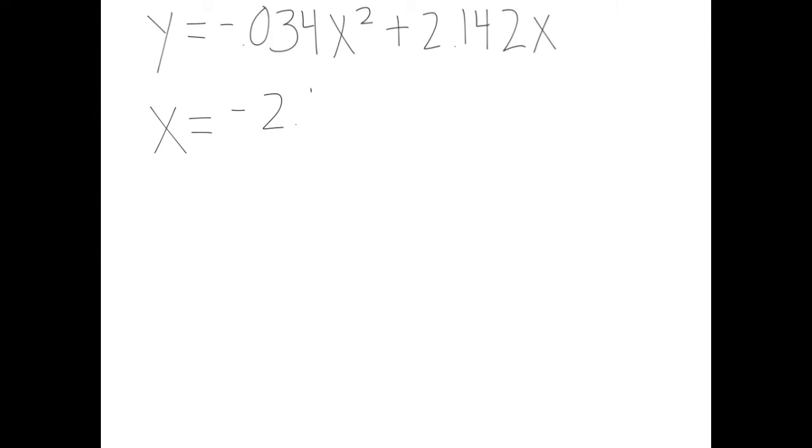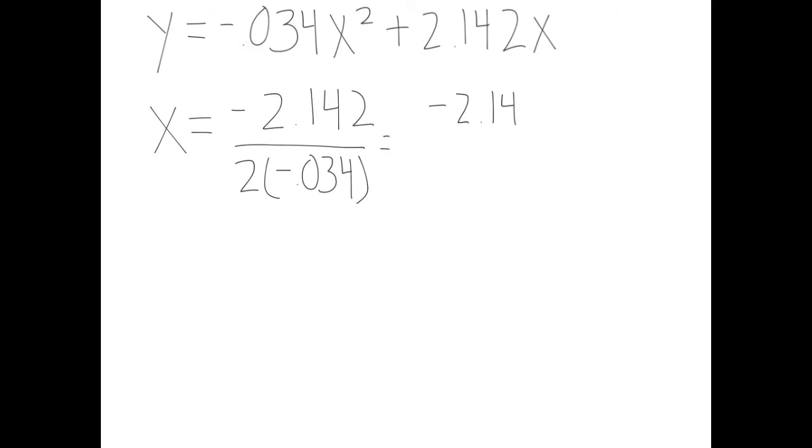So negative 2.142 over 2 times negative 0.034 equals negative 2.142 over negative 0.068. And then our x value ultimately is 31.5.